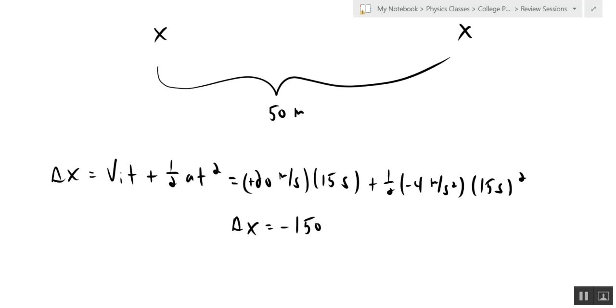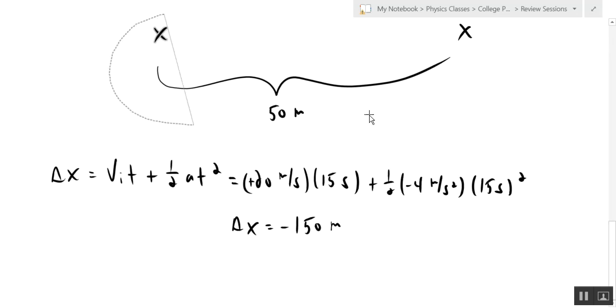Yeah, it is. Okay, so never mind. It's minus 150. So what does that mean? It means that at 15 seconds it is 150 meters to the left of where it started. That's what that means, right?